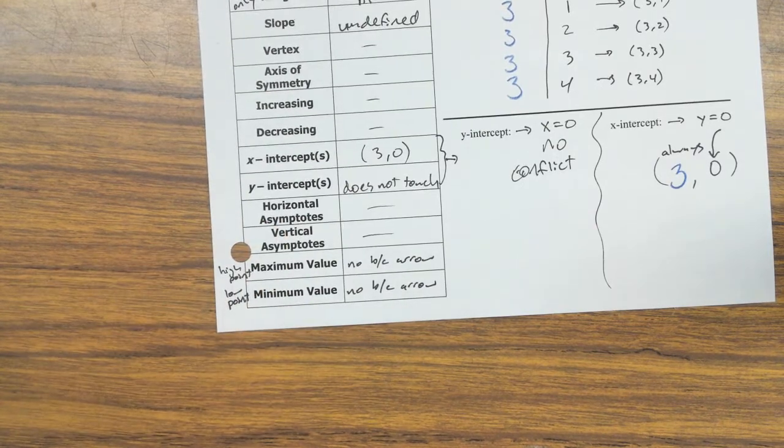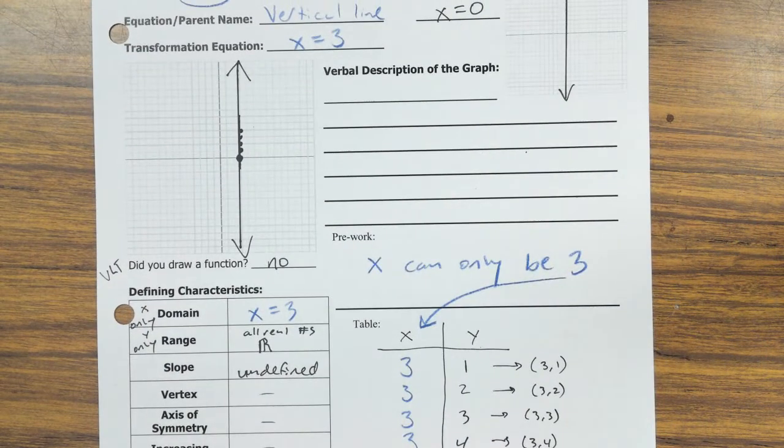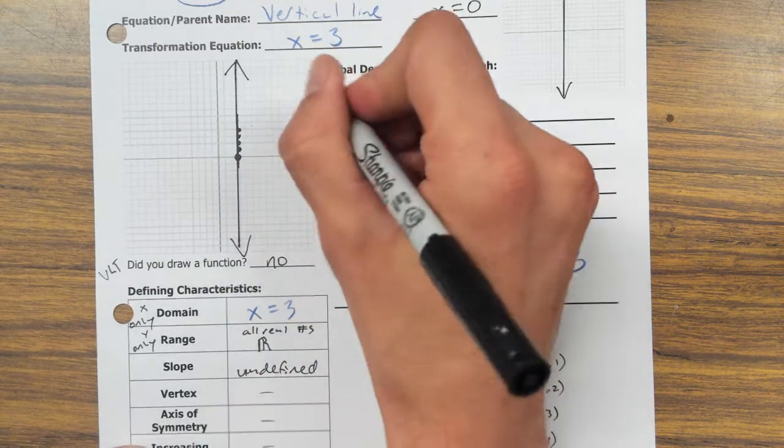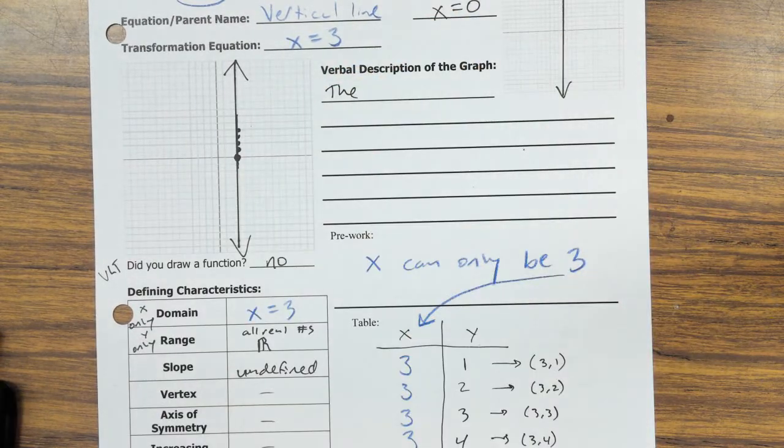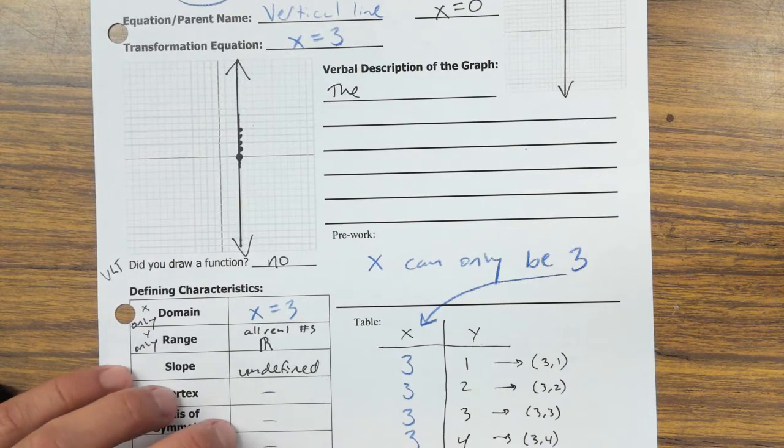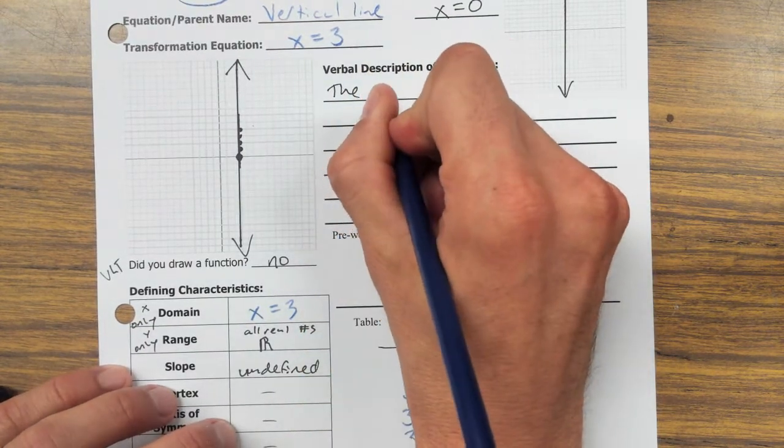Now let's go to our verbal description. It's like the last thing you do. Here's what you write. You don't know what you're going to write, but here's what you write. Always write the following. Start every verbal description with "the," and then use its name.